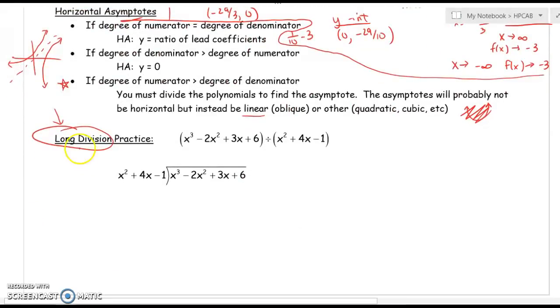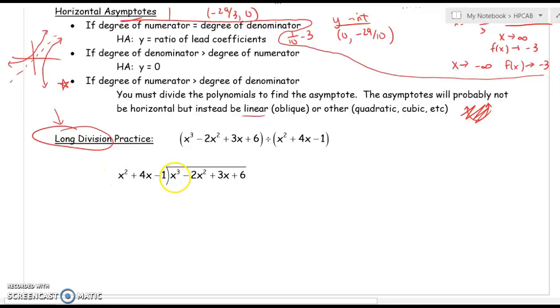We're going to do a little bit with long division because that's going to be necessary if you have a degree of numerator bigger than the degree of the denominator. All right, so if you have something like this, and I know you've seen this before, we're dividing this x cubed polynomial by this x squared polynomial. You look at the x squared and the x cubed, and you have to think, okay, what can I multiply x squared by to get x cubed?